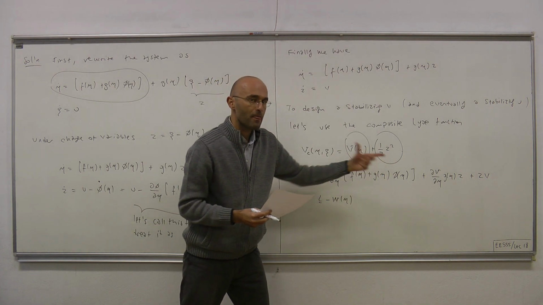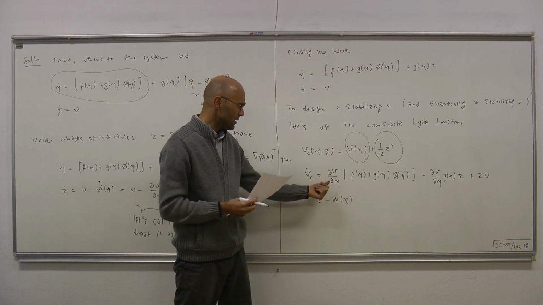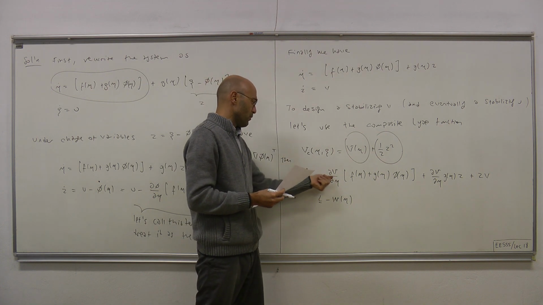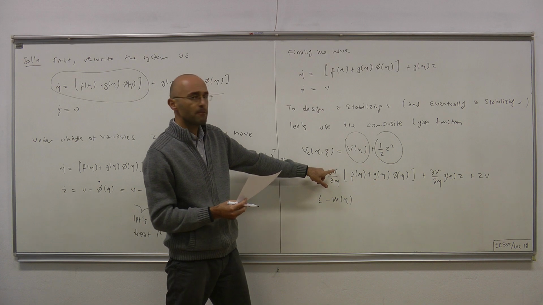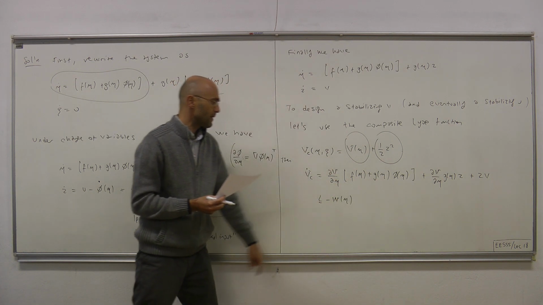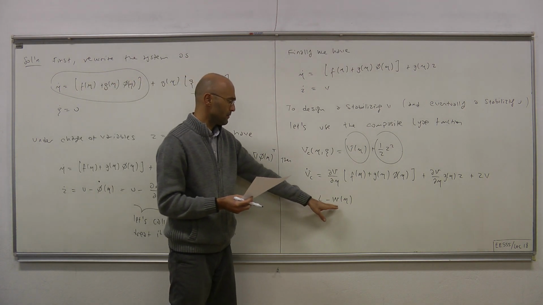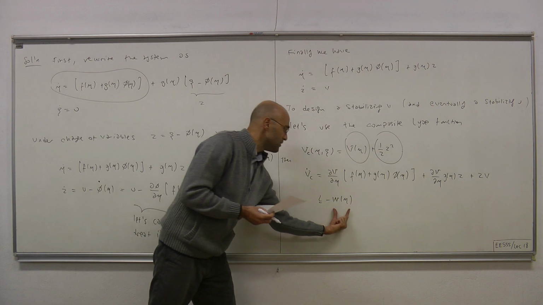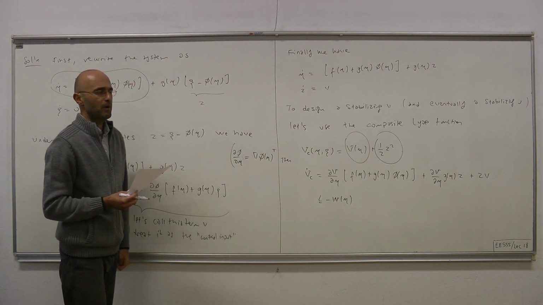So that we know by assumption. This product of the partial V with respect to eta with this right hand side is what we're calling minus W of eta, and we know that this is a negative definite function by assumption.